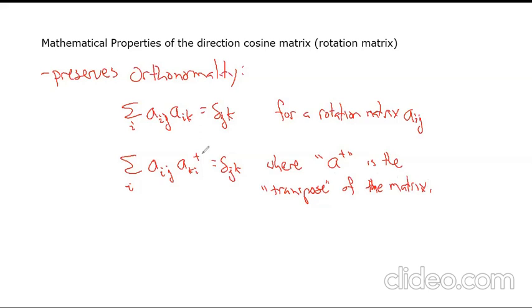This little one is literally a T. Later in your life, you'll get to daggers and bolded daggers in quantum mechanics, but that's just T for transpose.